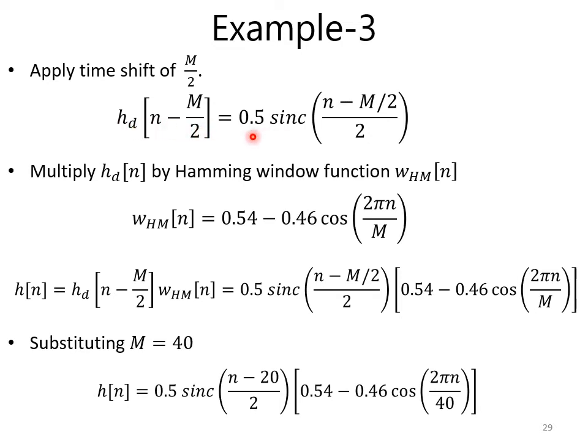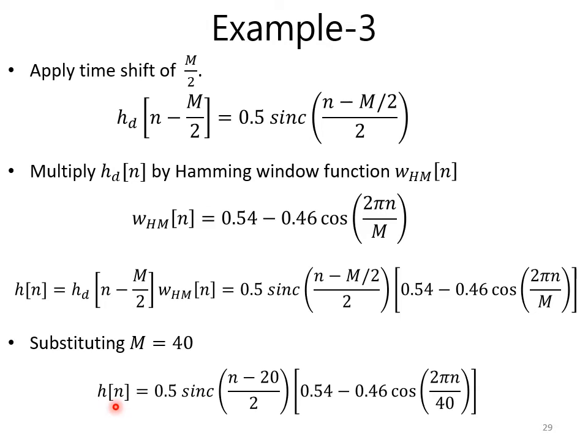After shifting you will get 0.5 sinc(n minus M upon 2, all upon 2), and after shifting we truncate it. Truncation is simply multiplication with the Hamming window function, which is given by this equation. So now we have h of n, the impulse response of a finite length causal filter. Now we need to substitute the value of M in this equation, and now you have your filter design.